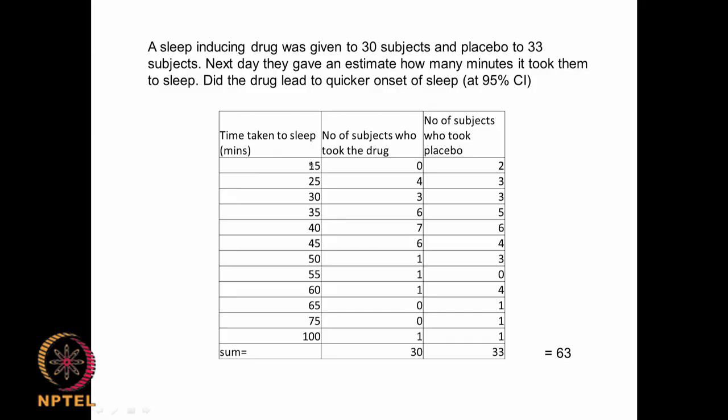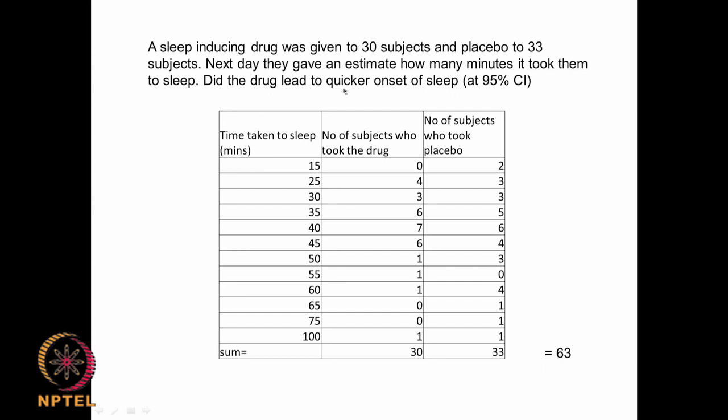So, for example, if you look here, we are given 15 minutes, 25 minutes, 30 minutes, that means it took some volunteers 15 minutes to sleep when they took placebo, 2 volunteers, and 0 volunteers when they took the drug. So, it took 4 volunteers who took the drug to sleep in 25 minutes, and it took 3 volunteers to get into sleep after 25 minutes. So, that is what these numbers are actually. These numbers are the number of people who took so many minutes to sleep.